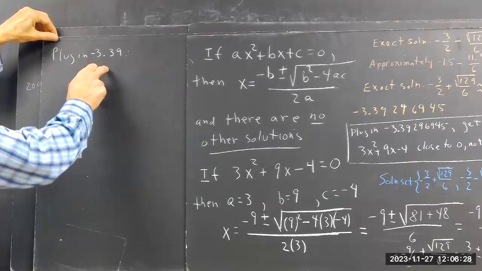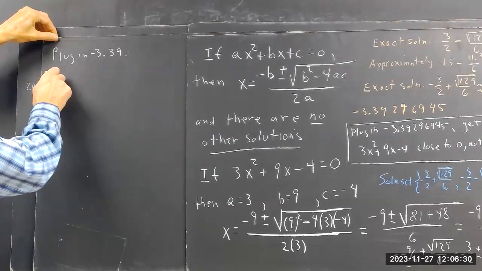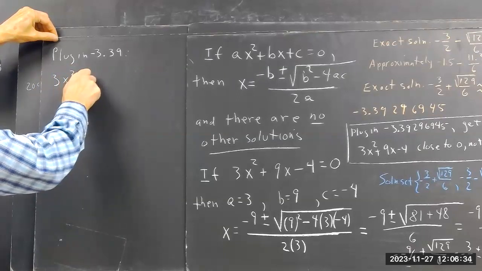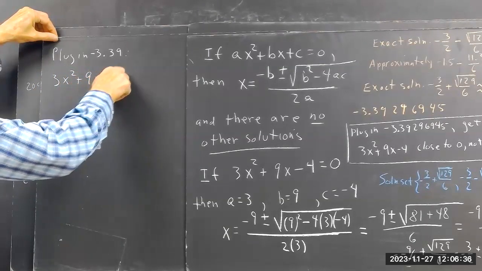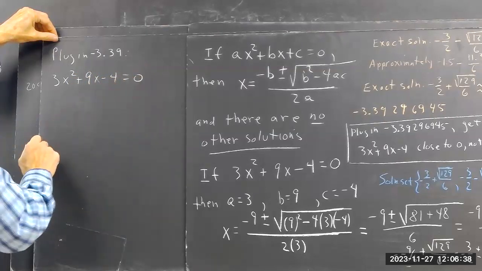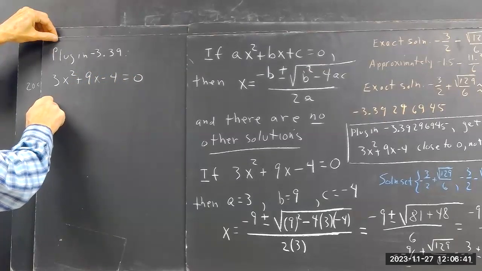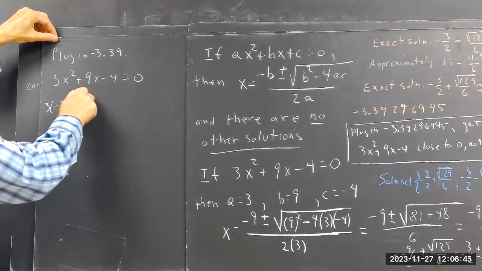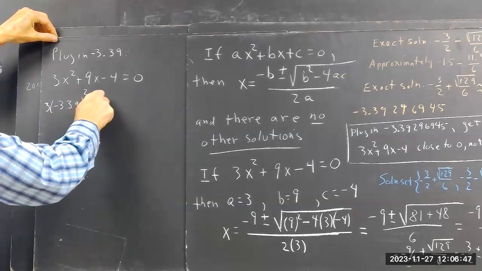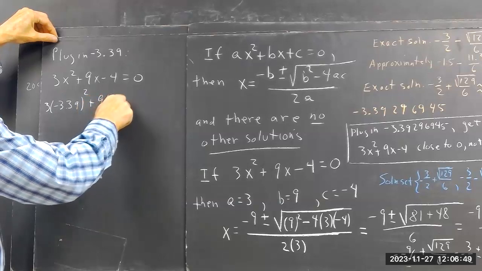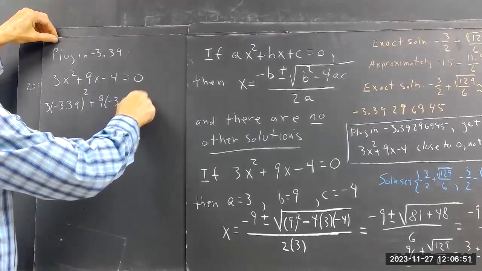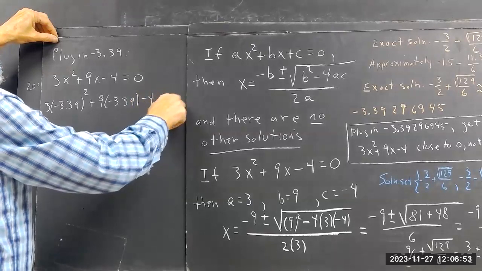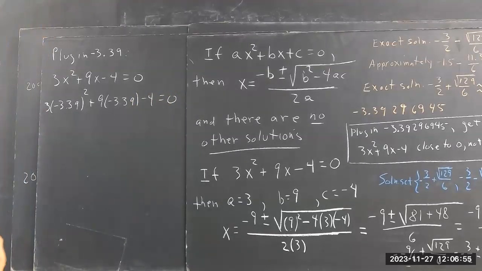So if we plug this in, we have 3x squared plus 9x minus 4 equals 0. That becomes 3 times negative 3.39 squared plus 9 times negative 3.39 minus 4 equals 0.